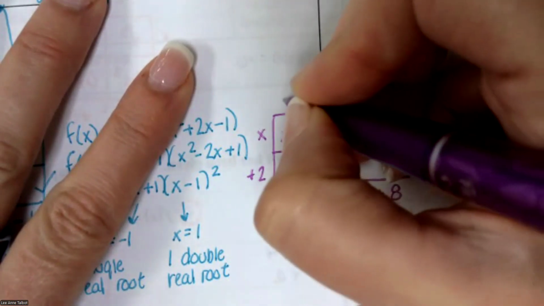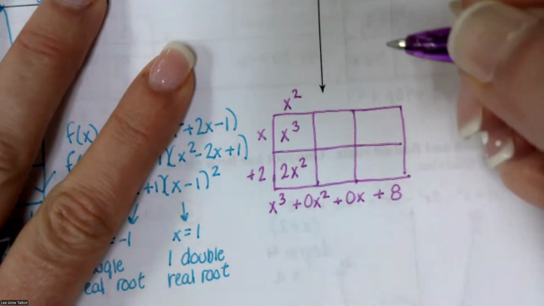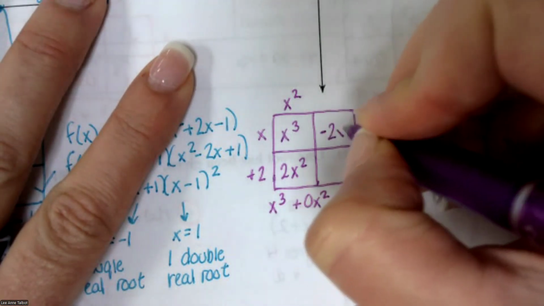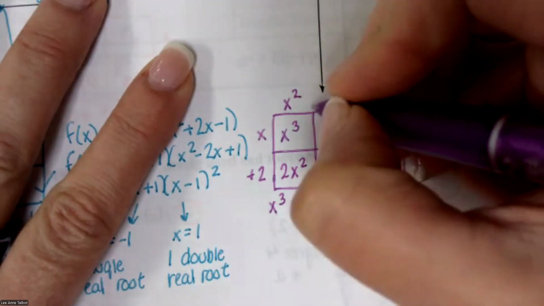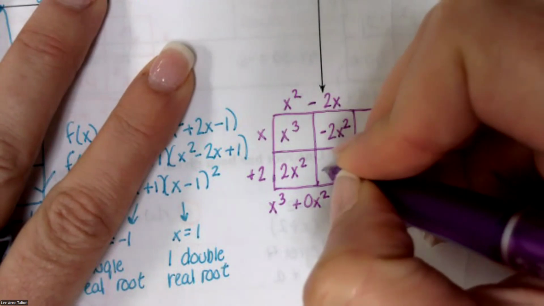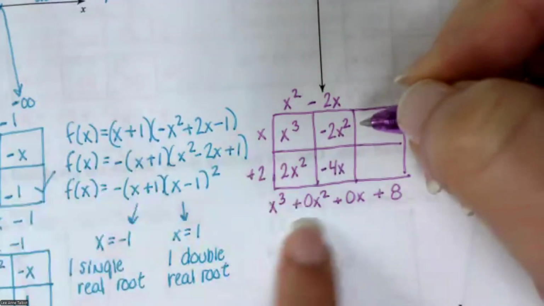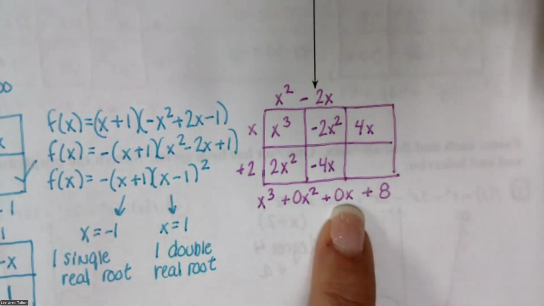X cubed, x squared, 2x squared, negative 2x squared gives me 0. 2x, 4x. So if that's negative 4x, I need positive 4x to give me 0.